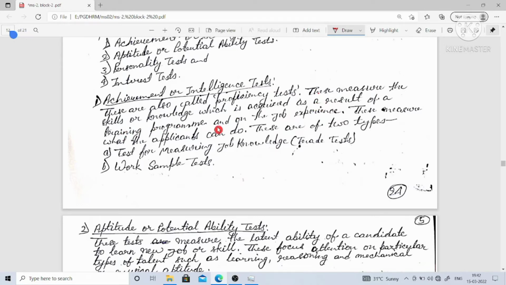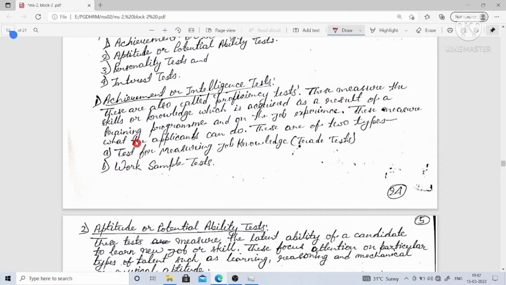So on the job, whatever different kinds of experience are gained by people, those things can be measured by this achievement or intelligence test, or whatever knowledge or skill is acquired in the training program can also be measured by this achievement or intelligence test.